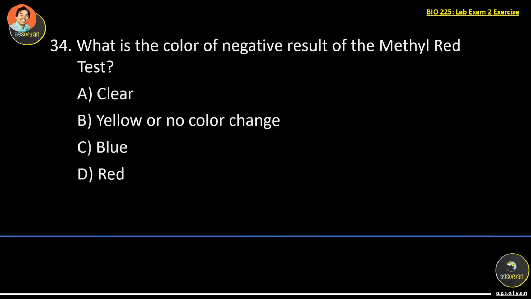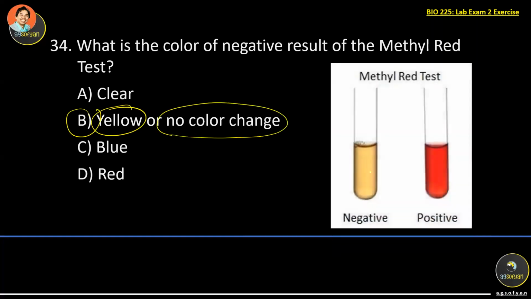What is the color of a negative result of the methyl red test? Remember, it starts from yellow. So it will stay yellow or show no color change. So this is negative, stays like this. It is positive if cherry red.